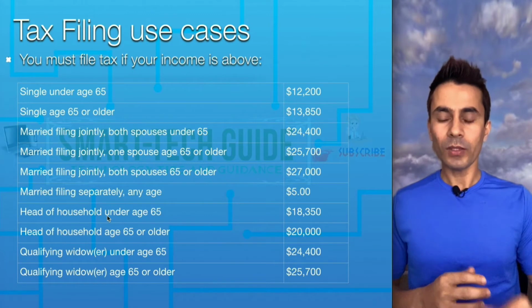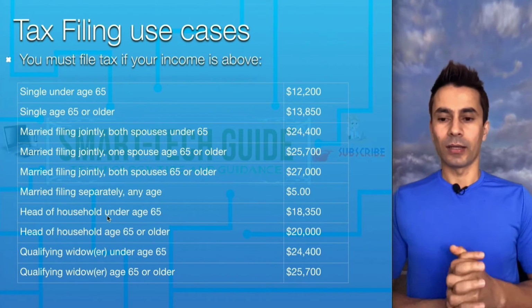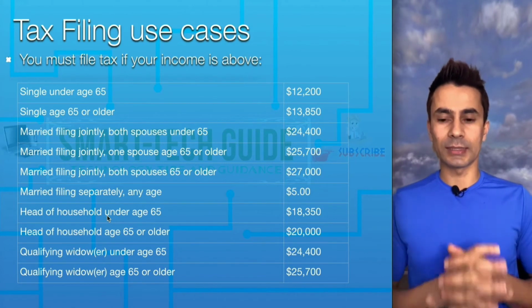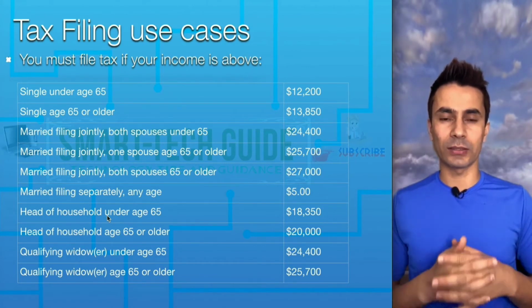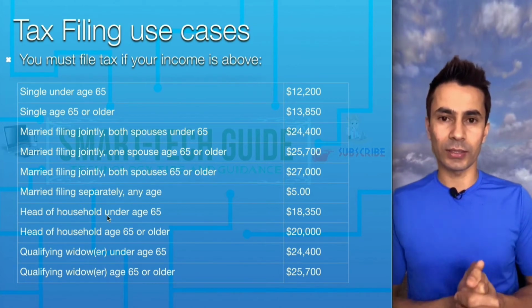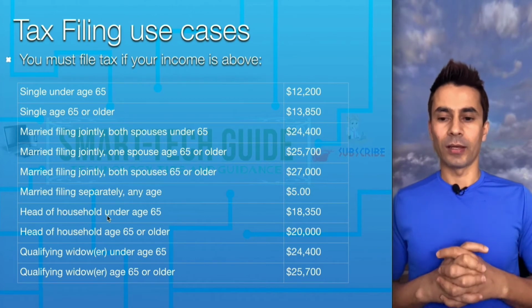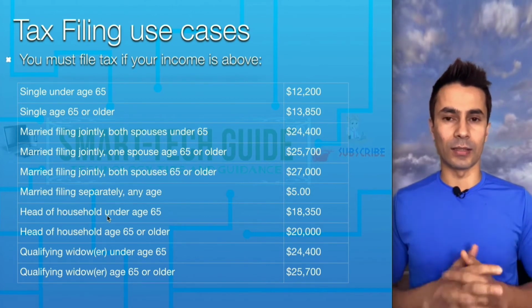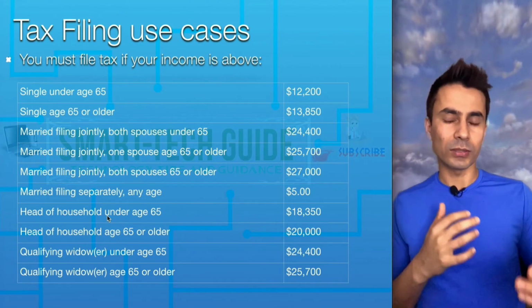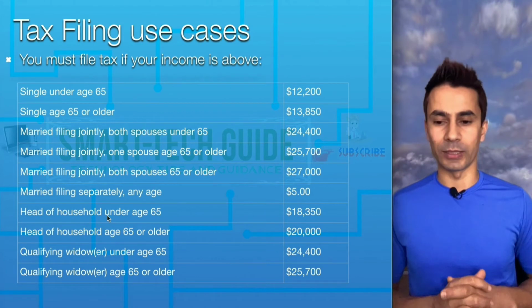Tax filing use case and income levels. If you are single, under 65 years of age, and your income is less than 12,200, then you don't need to file taxes for federal or state. If you are 65 and older, the same income range goes up a little bit, 13,850.